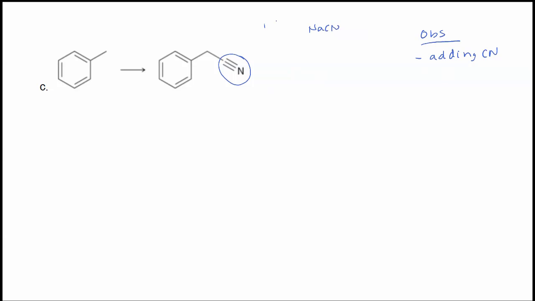So we would need benzene with a leaving group plus NaCN, or benzene with a leaving group plus HCN. So this first one would do an SN2 reaction. This would be via SN1.